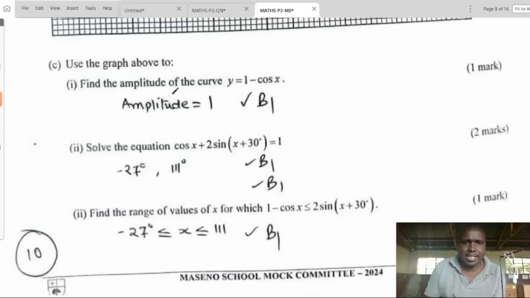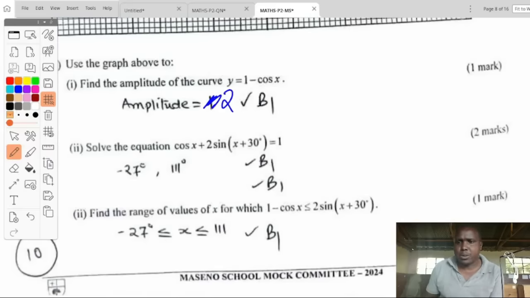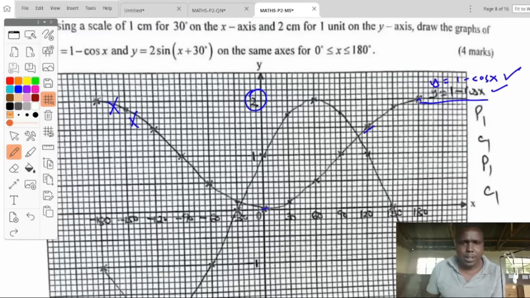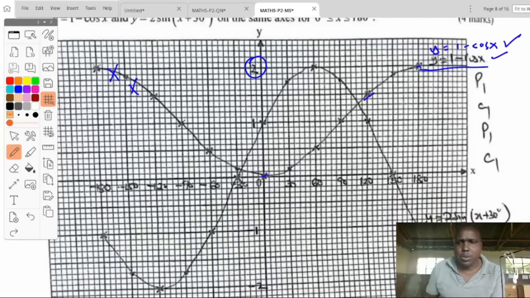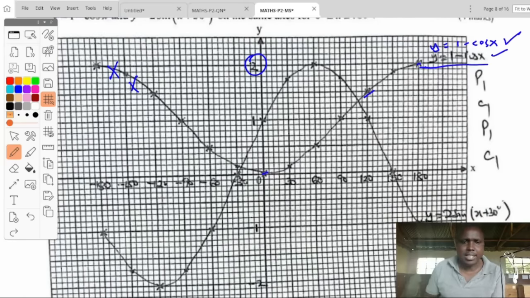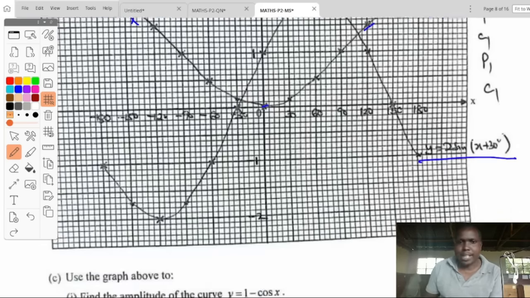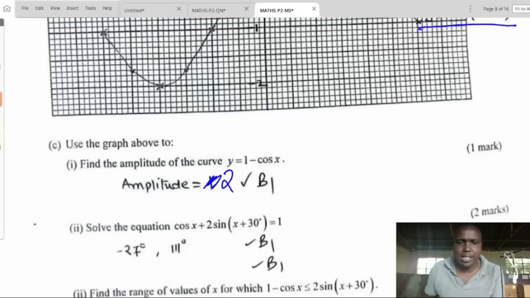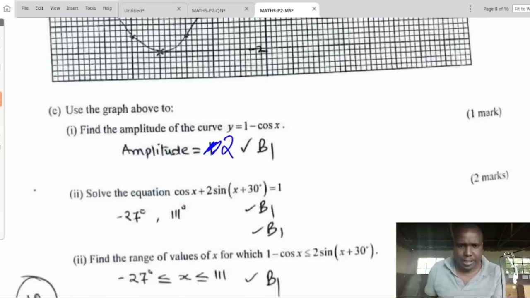The amplitude, the highest, is not 1 but 2. And let us look at the amplitude for the other curve. This one, y is equal to 2 sine x plus 30. So you can see it is also 2. So the amplitude is the displacement from the x-axis.